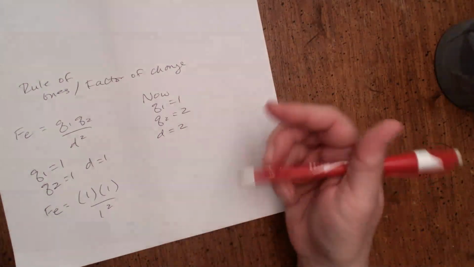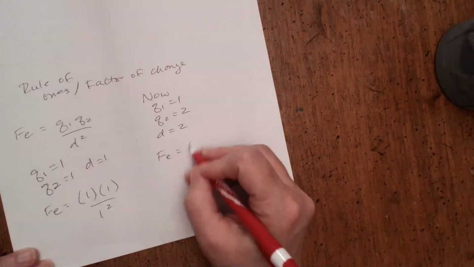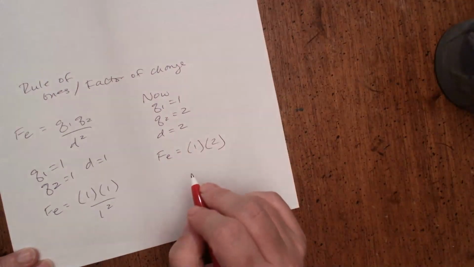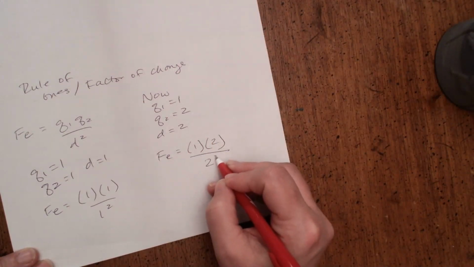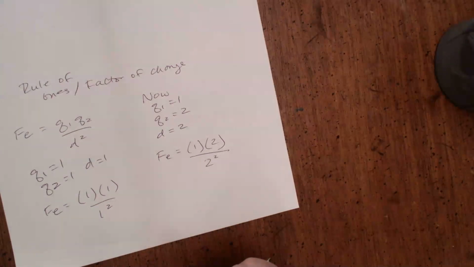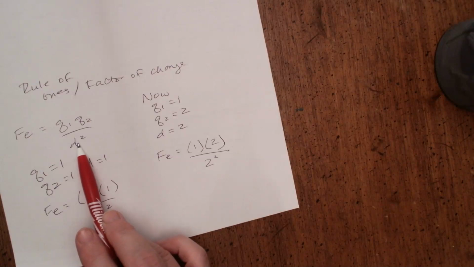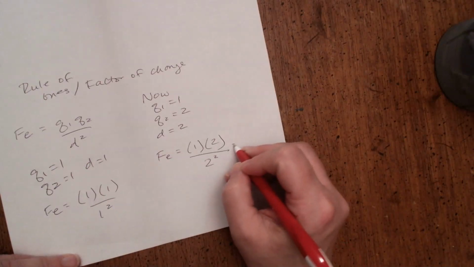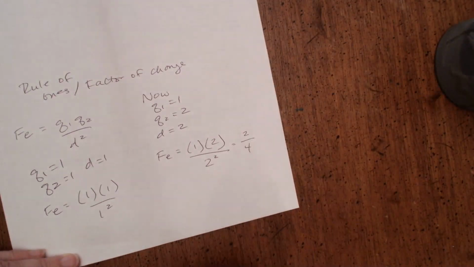What is the factor of change of our force? So F equals 1 for the first charge times 2, because that one doubled, divided by 2 for distance, and I have to square that. And that's really important. A lot of times it's easy to forget that. But this is squared on the bottom, and that's a really important part of this equation. So that gives me 1 times 2 is 2. 2 squared is 4.